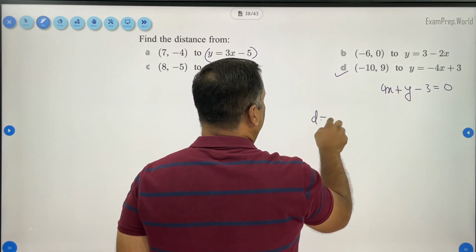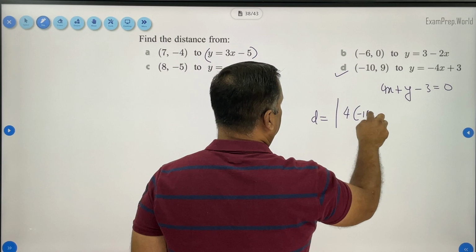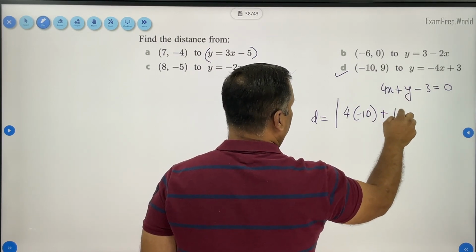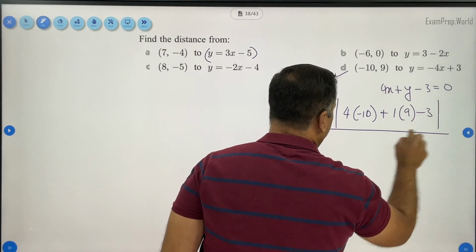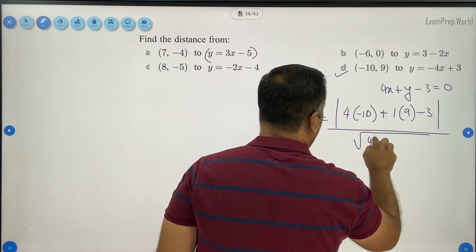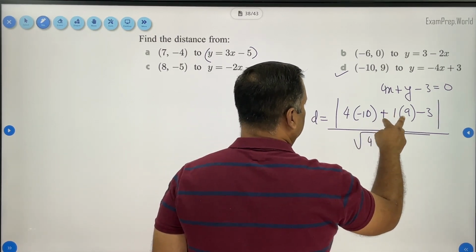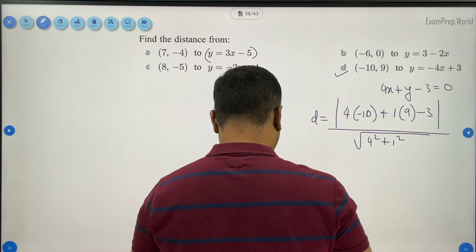So distance will be equal to mod of 4 times minus 10. What is value of b? 1. Nothing is there, so it is 1 times 9 minus 3 divided by root of 4 square plus 1 square, minus 40 plus minus 43 plus 9.